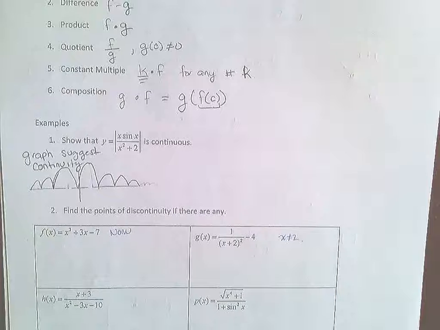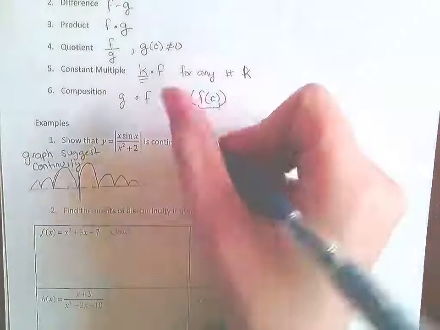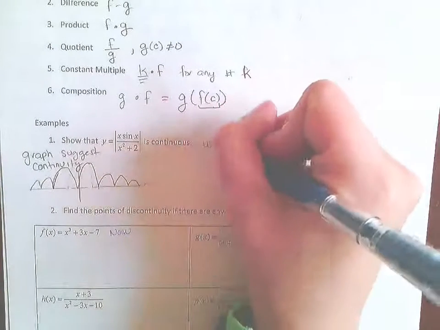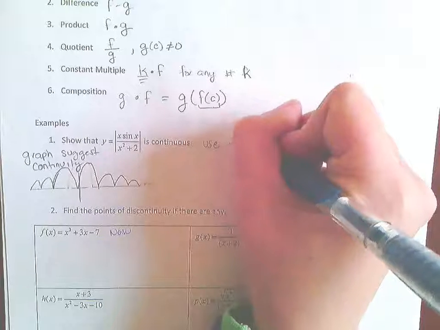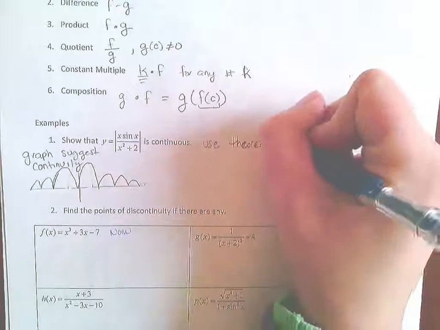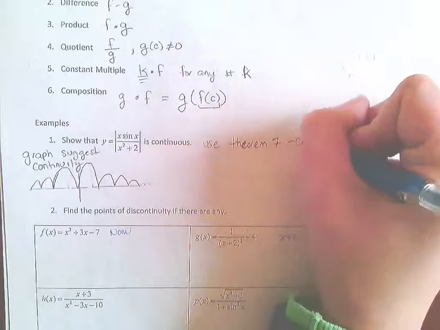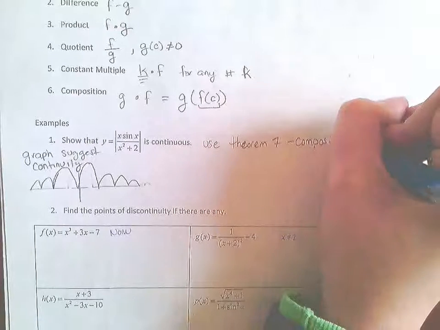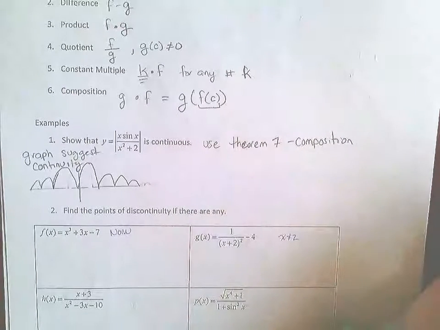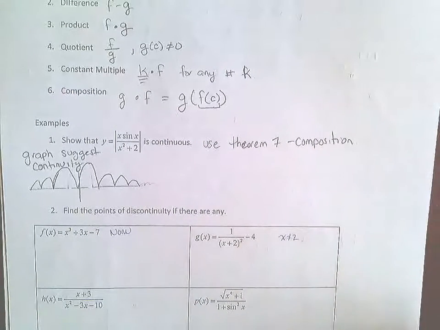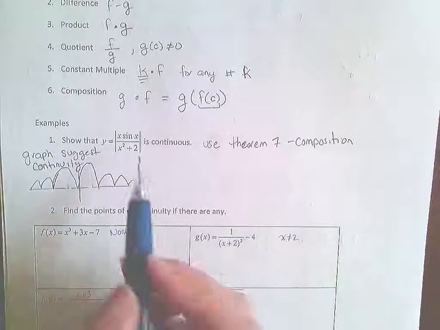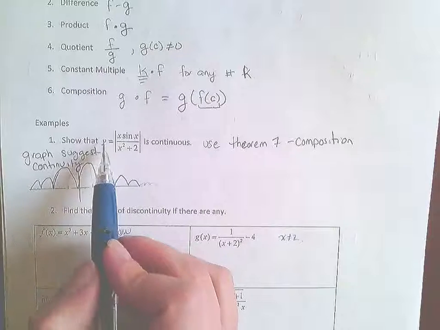But how do we prove it? We're going to use theorem 7 in the book, which is the whole idea of composition. So we're going to figure out a g of x and an f of x and make it look like y.